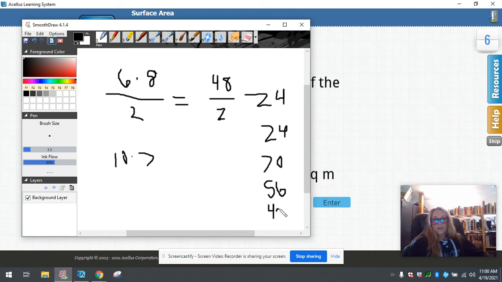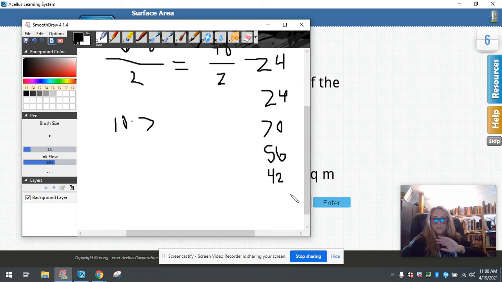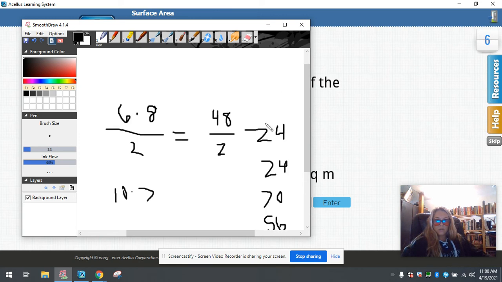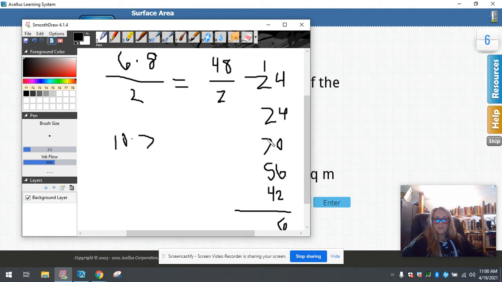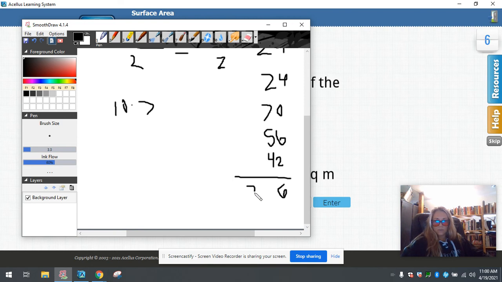And then we're going to add all of these areas together to find the total surface area. You can do this in a calculator if you want to. I'm just going to do it right now. 4 plus 4 is 8, plus 6 is 14, plus 2 would be 16. Carry the 1. 1 plus 2 is 3, plus 2 is 5, plus 7 is 12, plus 5 is 17, plus 4 is 21.